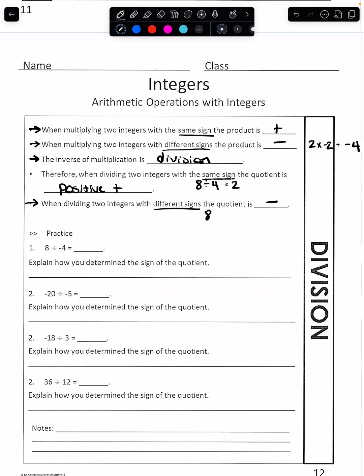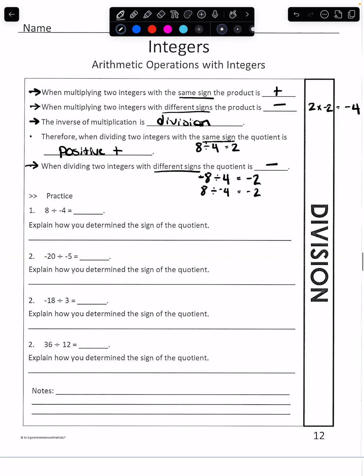So for example, if I have -8 divided by 4, you'll get a -2. Same thing, if I get 8 divided by -4, you'll still get a -2. All right, let's quickly practice this.